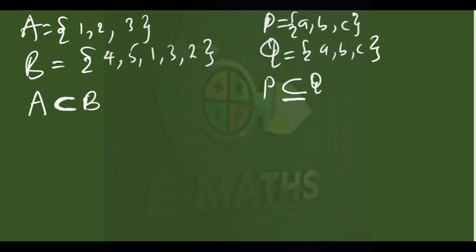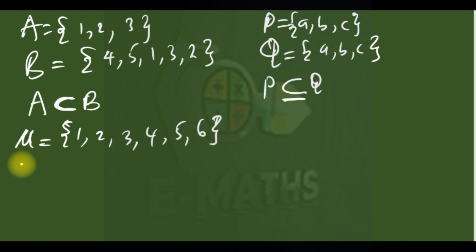So see what I'm saying. If you have a universal set with the elements 1, 2, 3, 4, 5, 6, you can have other sets that are its subsets.